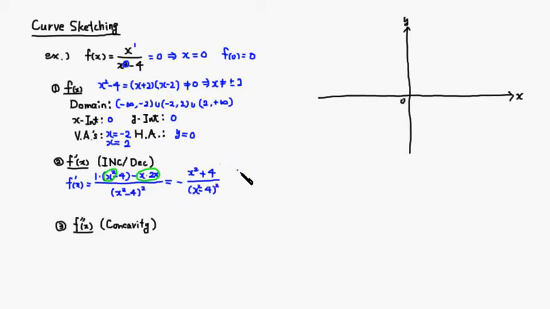Since there's a square, the denominator is positive, and x squared plus 4 is positive, with the negative sign in front.